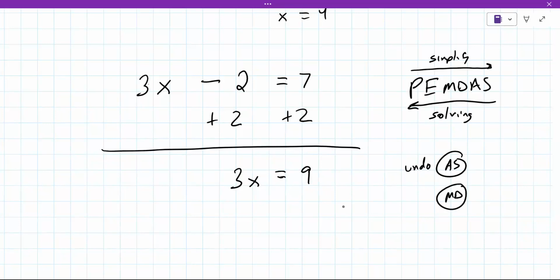And then to undo 3x, you divide by 3. So you undo multiplication with division, you undo addition with subtraction, they're opposites. And you just keep going until you get x by itself.